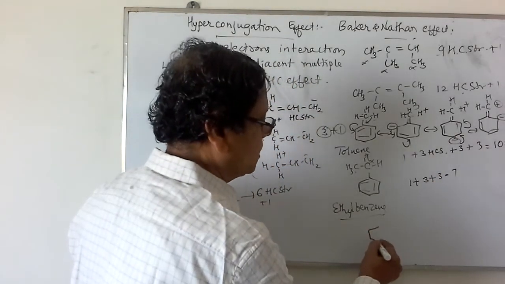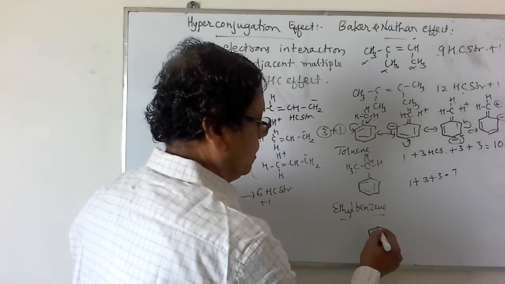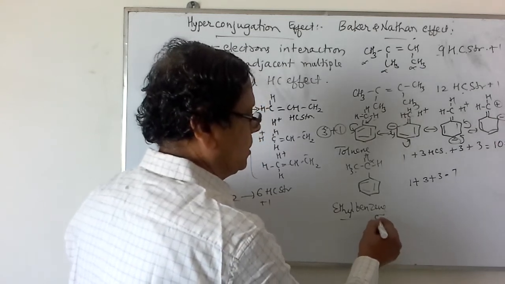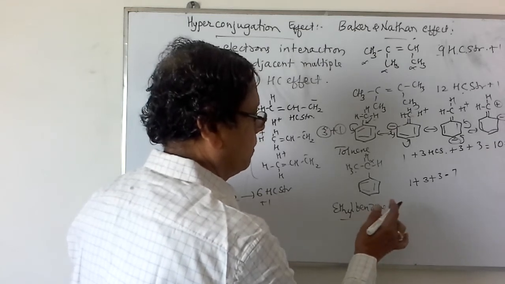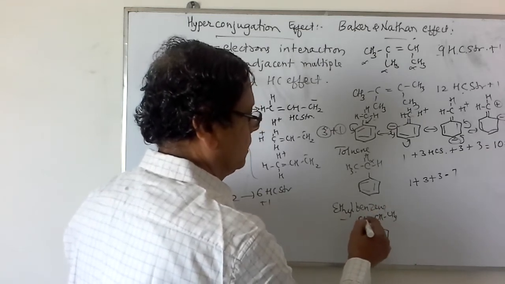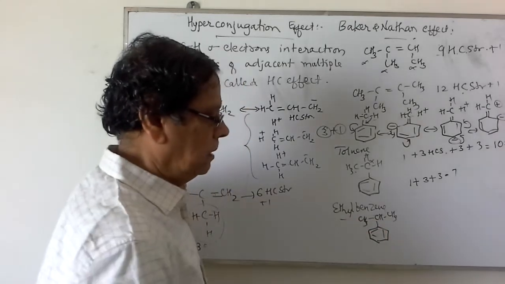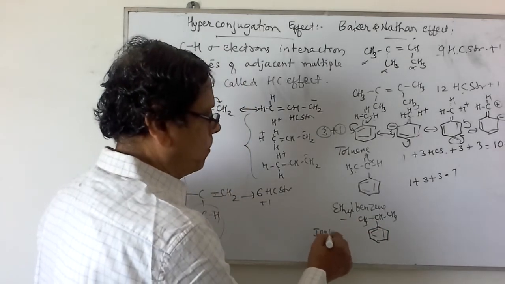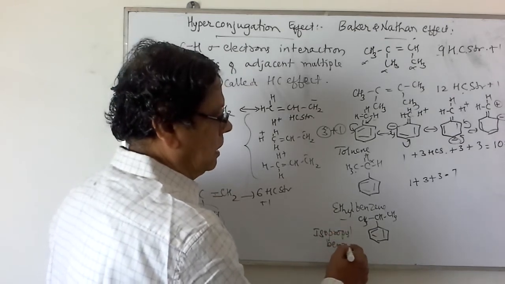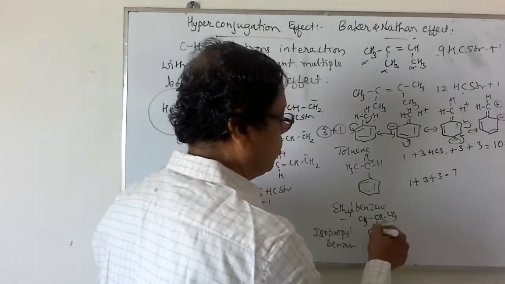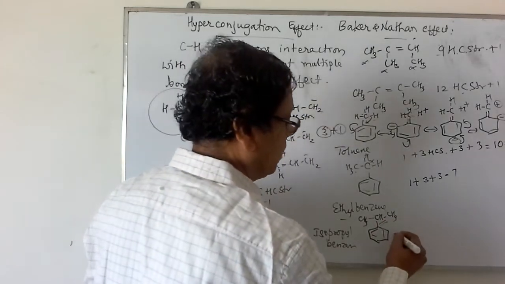If you consider this CH3, this is isopropyl benzene. This isopropyl benzene contains only 1 alpha hydrogen atom.